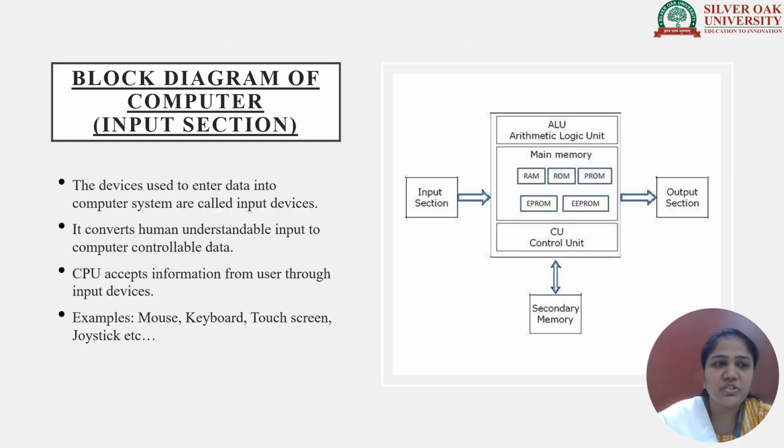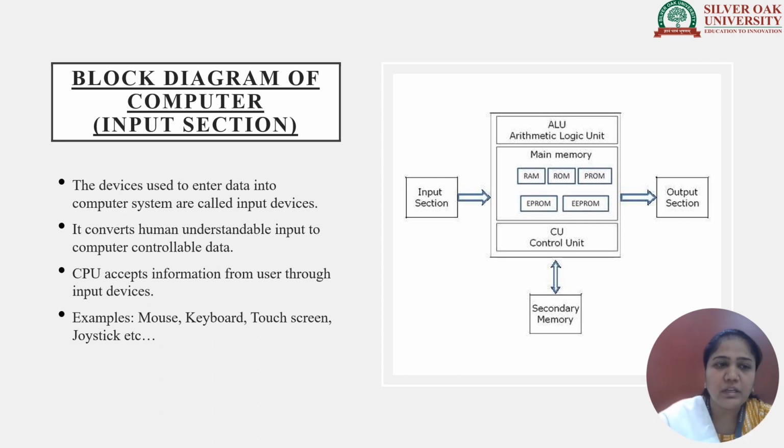Very first we should talk about the input section. Now, what is the input section? You can see that the input section has an arrow going inside to the control unit, right? All the data that the computer receives goes through the input section only.